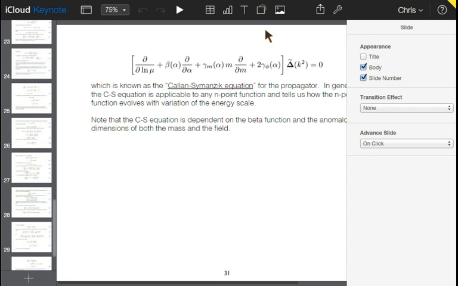However, if C is greater than 0 and B is negative for some reason, what you have is a non-trivial solution, a non-zero result for the magnetization below the critical temperature, right? Above the critical temperature, you're in this region.